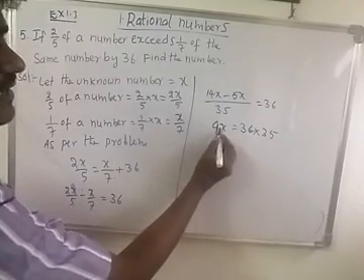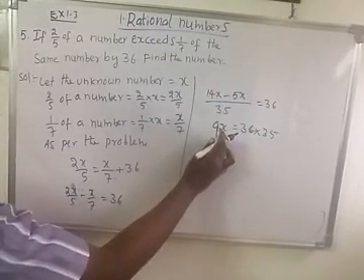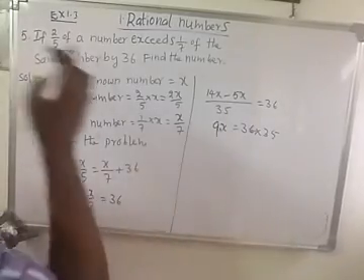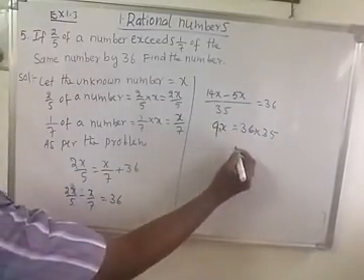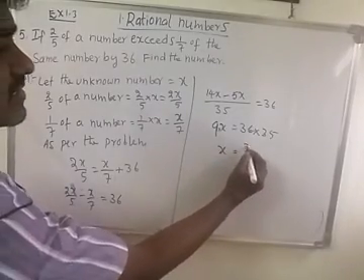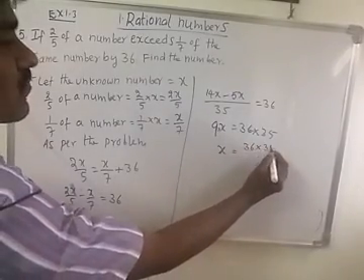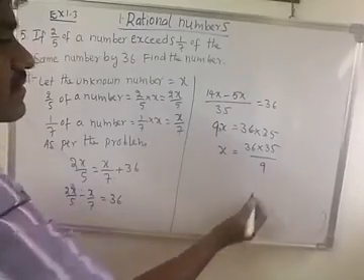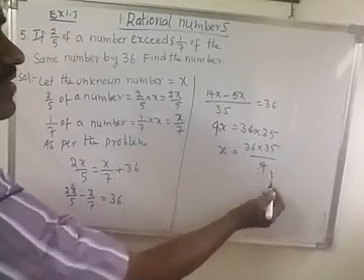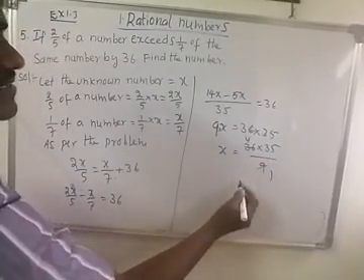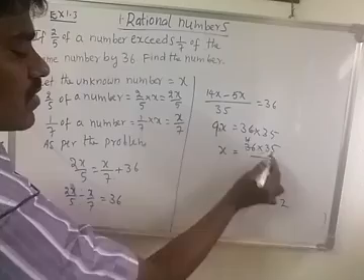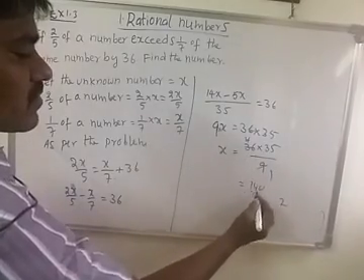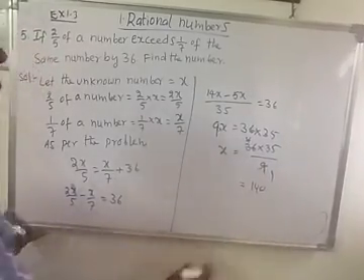So here 9 into x, this is a multiple quantity, so the multiple quantity we send to the other side, will get a division quantity, that is x is equal to 36 into 35 by 9. This is cancelled with the 9 table, 9 1 is 9, 9 4 is 36, that is equal to 4 into 35. 4 5 is 20, 4 3 is 12, 12 plus 2 is 14. So x is equal to 140.